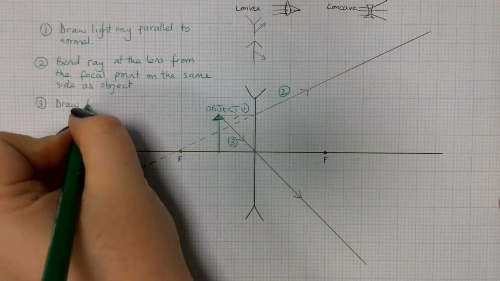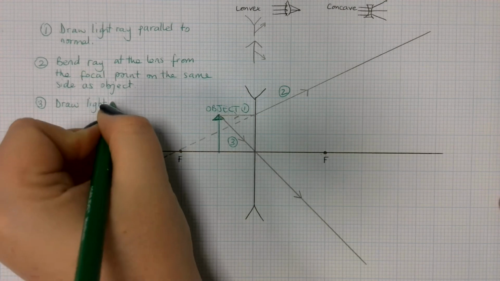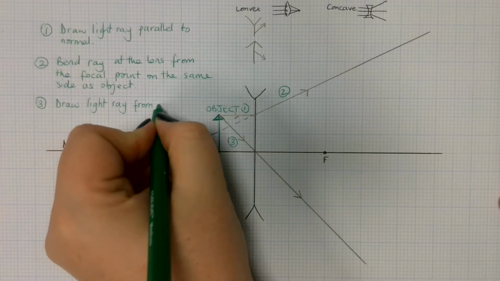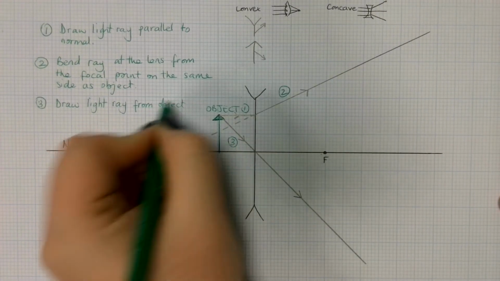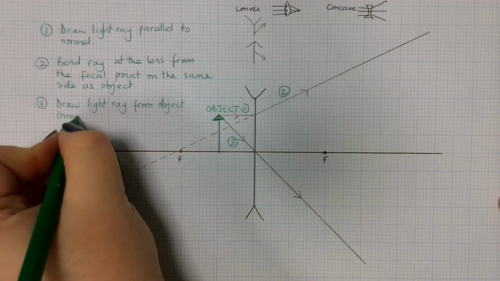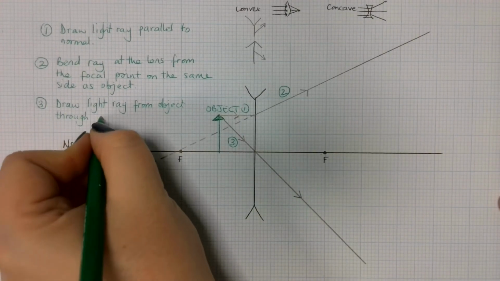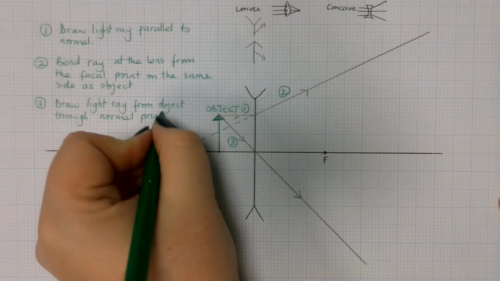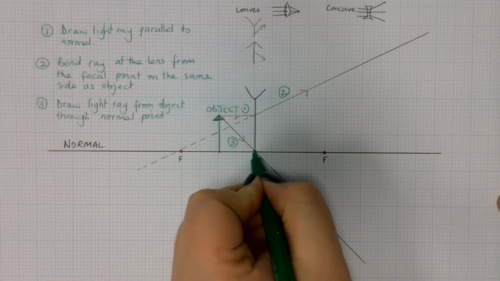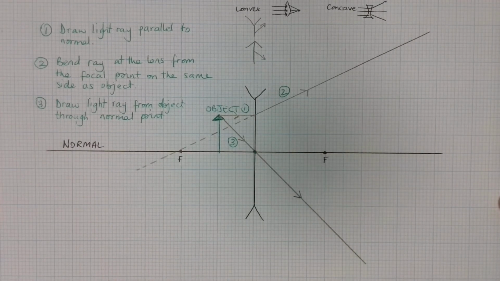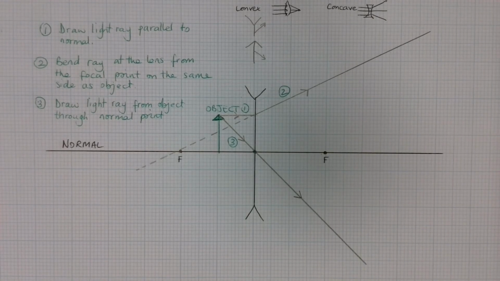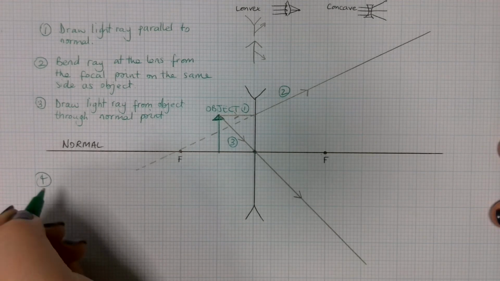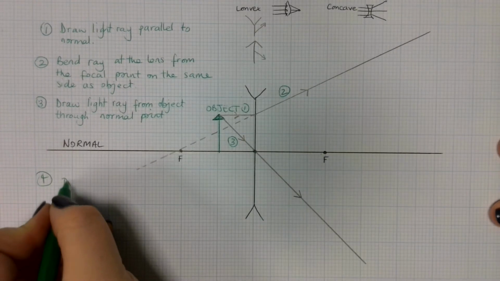Draw another second light ray from the object through, I'm going to call it the normal point, because it goes through where the normal and the lens meet. Okay, and then point 4 will be to draw the image.